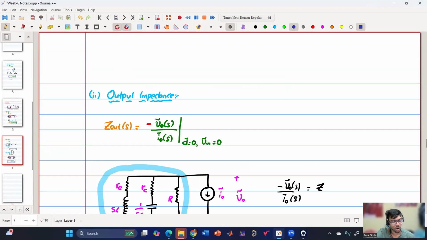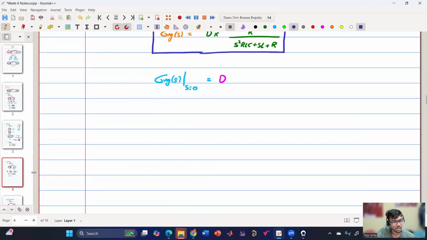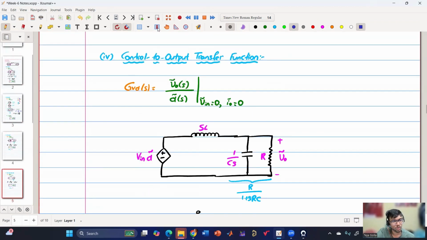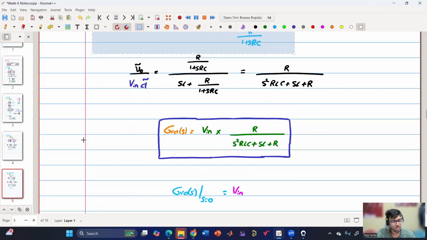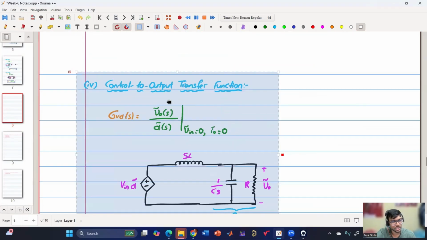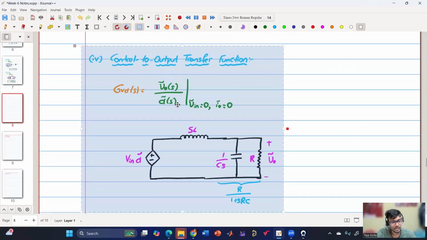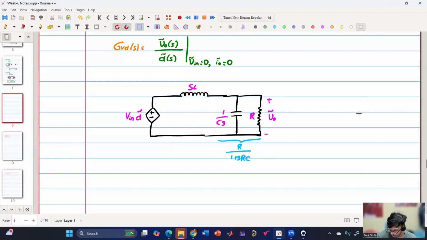So this is audio susceptibility. Now the last transfer function is the control to output transfer function. This is also quite similar to audio susceptibility, except instead of D, we'll have V in. Okay. So now let us write.